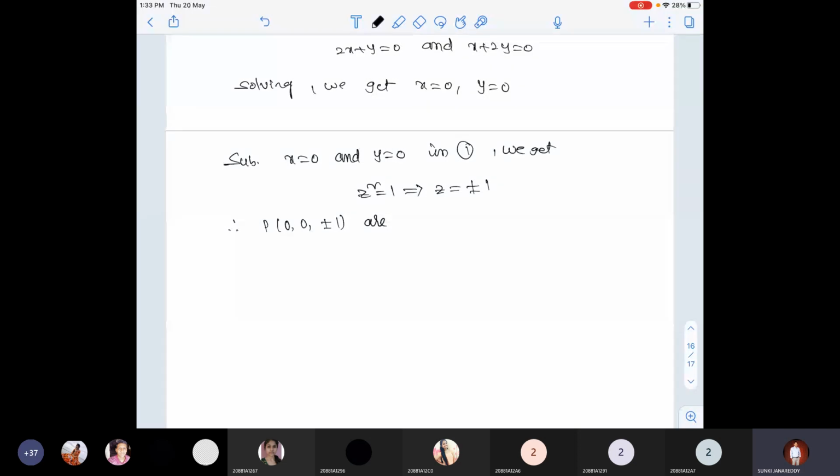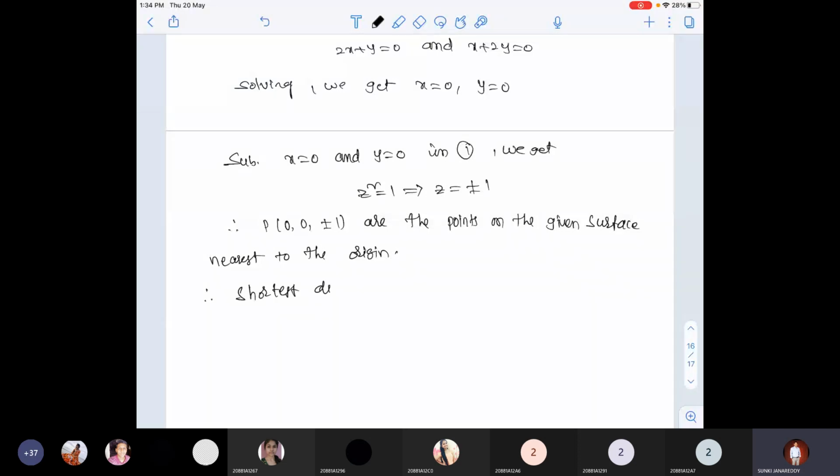These are the required points on the given surface nearest to the origin.